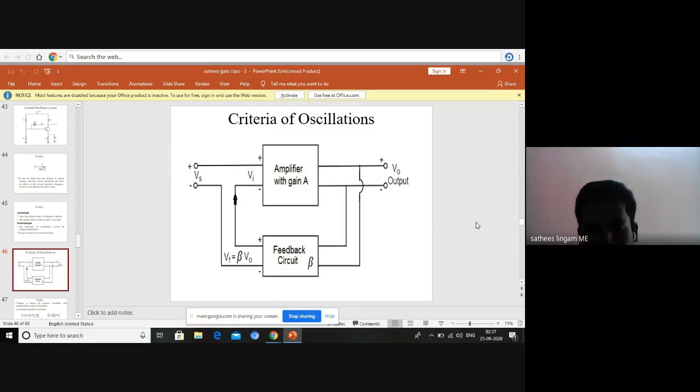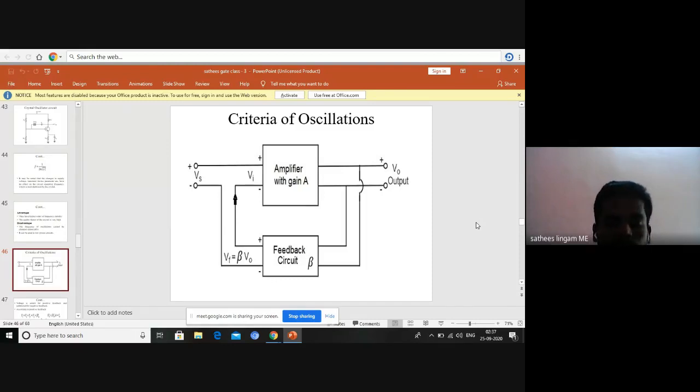Now, when you discuss the amplifier, the gain is normally denoted as A. The feedback circuit gain is beta. We make that assumption. Vs is the input signal, Vi is the input of the amplifier, and Vout is the output of the amplifier as well as the input of the feedback circuit.